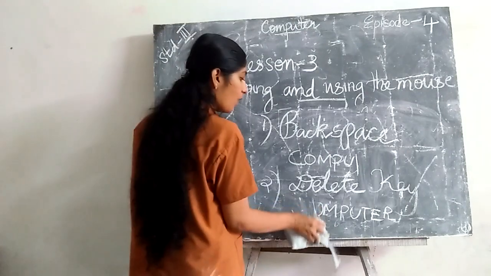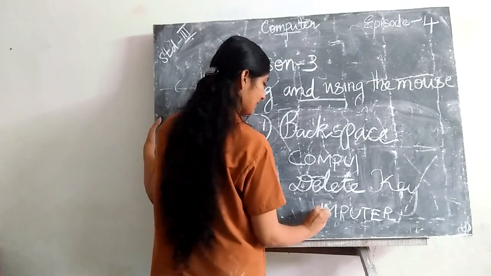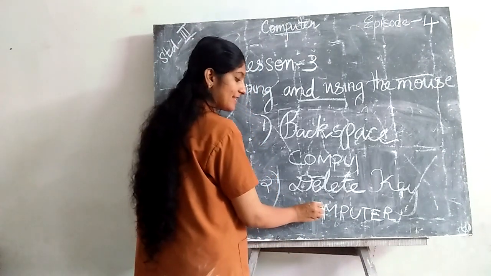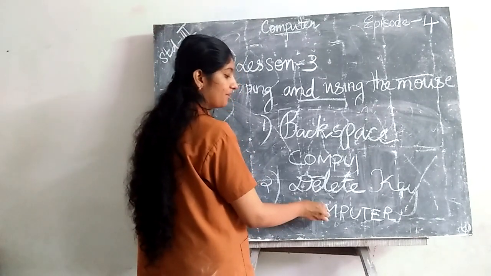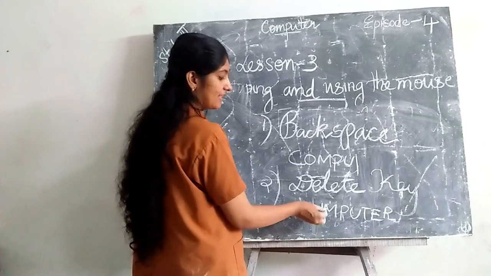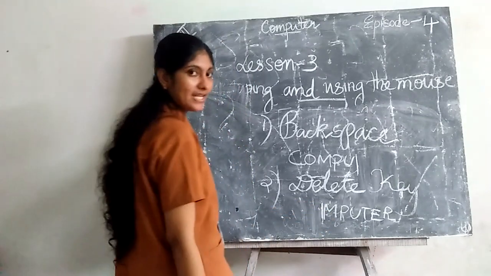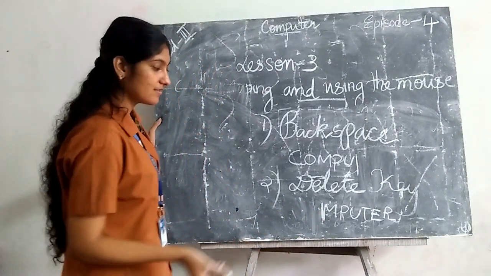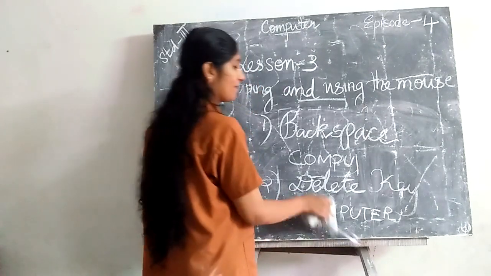That means O will be erased. So the insertion pointer is here, and if you press the delete key, it erases the right of the insertion pointer, which is M. So it deletes the letter M.